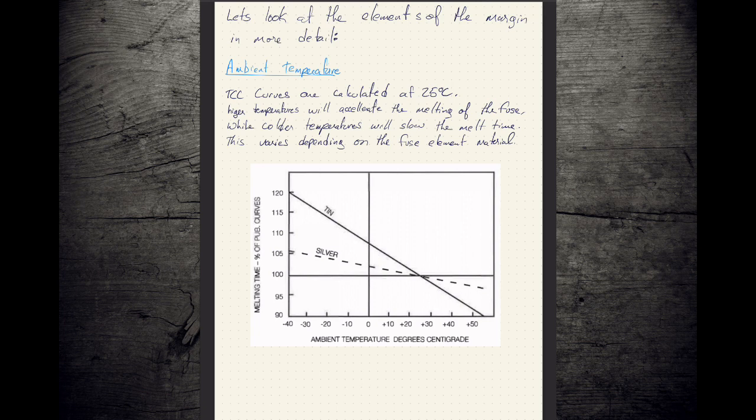So silver links perform better when we're talking about big swings in ambient temperature, the kind of swings that we get around here, in this part of the world where we have a true four-season climate, right? Where we have cold periods in our winters, but our summers are still very hot.